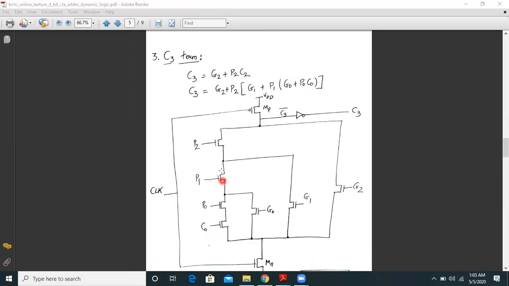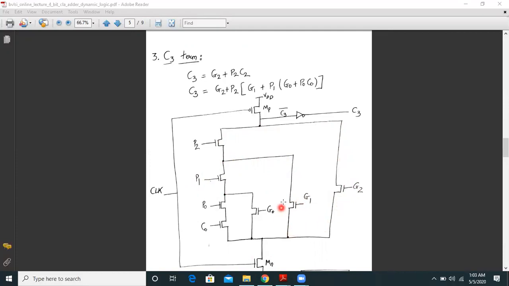Again, these two combinations are in series with the NMOS transistor with input P1, and this network is in parallel with the NMOS transistor with input G1. And again, this network is in series with the NMOS transistor with input P2. And the whole network is in parallel with the NMOS transistor with input G2.